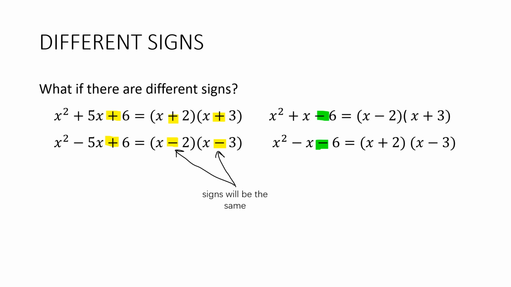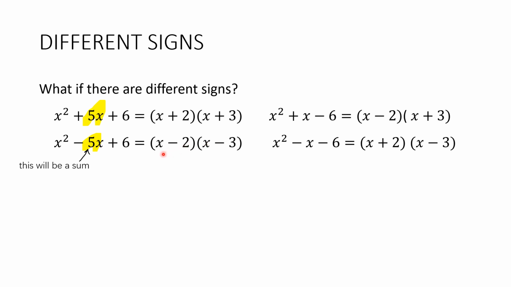In this case over here, this is telling me that the signs are going to be different. You see that? The only way to get negative 6 is with a plus and a minus. Once we know that, then we can look at this middle term here. In this case, this is going to be a sum. So we've got 3x plus 2x gives me 5x. And in this case, I've got negative 3x, take away 2x. It's still a sum, but it's a sum in a negative direction.